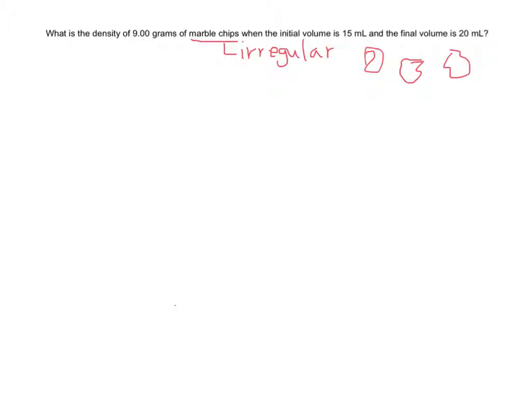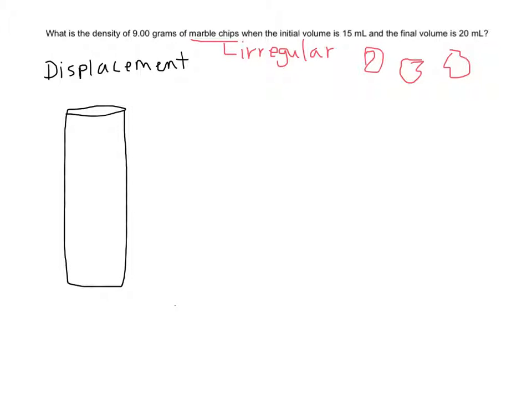So what we use is something called displacement. We have a graduated cylinder, and in this graduated cylinder, we're going to add these marble chips. They weigh 9 grams, right?